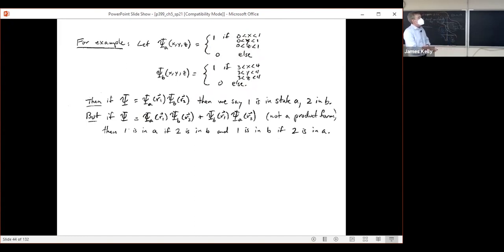The two depend on each other. I could say particle 1 is in state A if and only if particle 2 is in state B, and particle 1 is in state B if and only if particle 2 is in state A. So if you don't have a product form for your wave function, it doesn't make any sense to say that an individual particle is in a particular state.